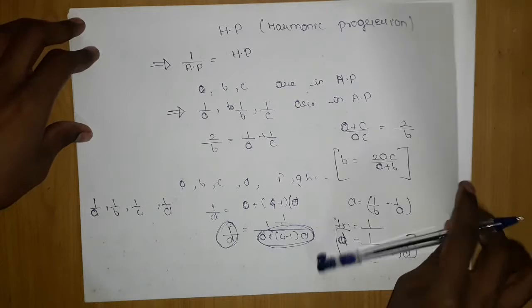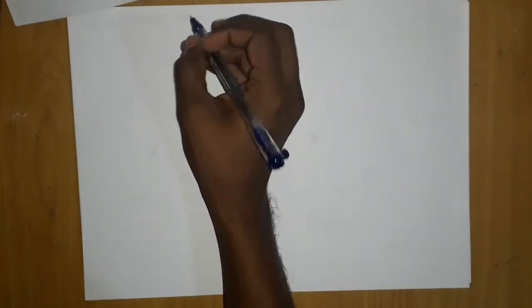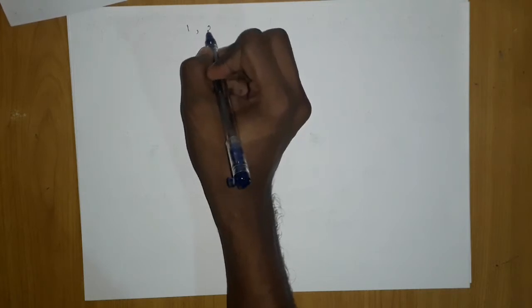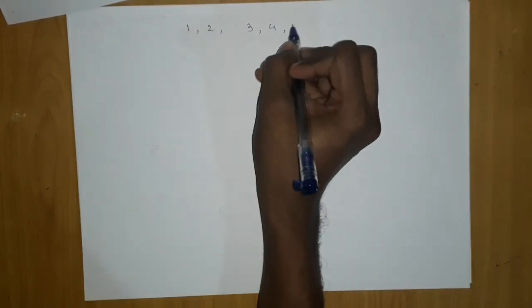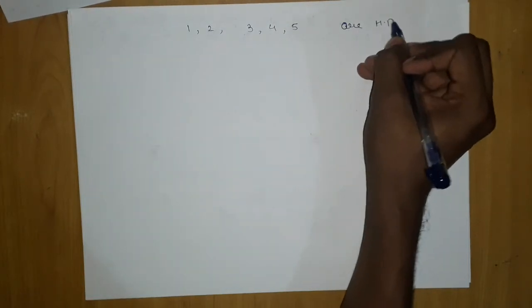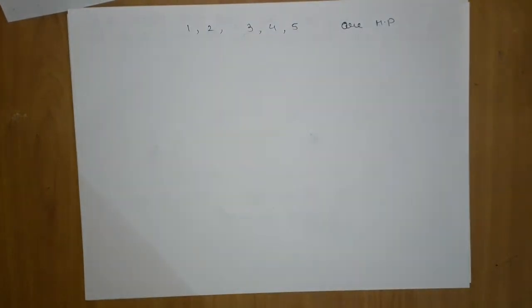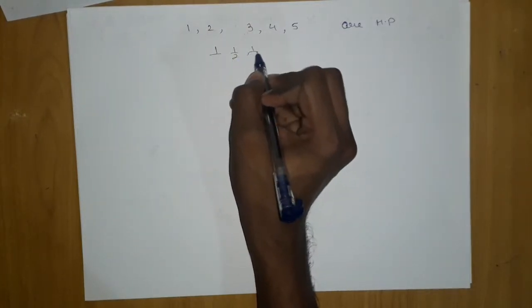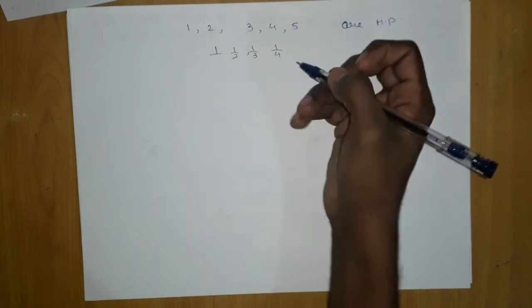Let me tell you what I was telling before with an example. Like I say 1, 2, 3, 4, 5 are in HP, so 1 by 2, 1 by 3, 1 by 4 are in AP, like this.